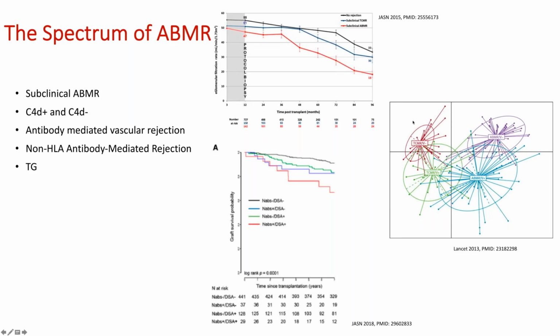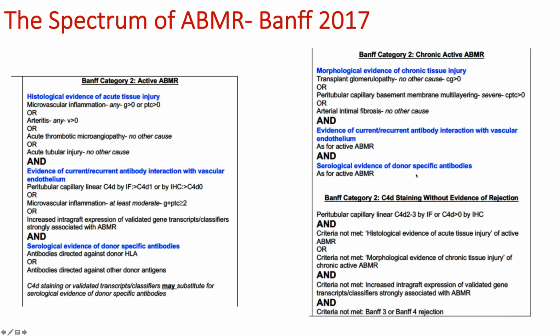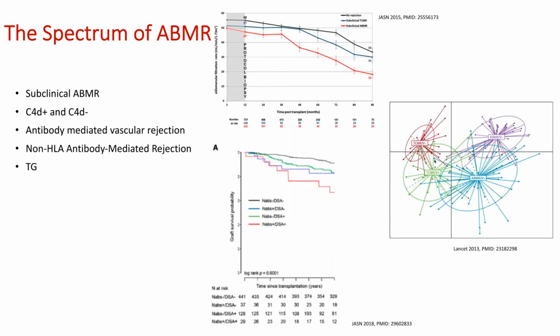Again, a major French population-based study found that that may not be the case. This paper was published in Lancet 2013, where by a statistical technique known as principal component analysis, the vast majority of rejections were able to be divided into 4 subgroups: classical acute cellular rejection without vascular involvement, cellular rejection with vascular involvement, antibody-mediated rejection without vascular involvement, and antibody-mediated rejection with vascular involvement.